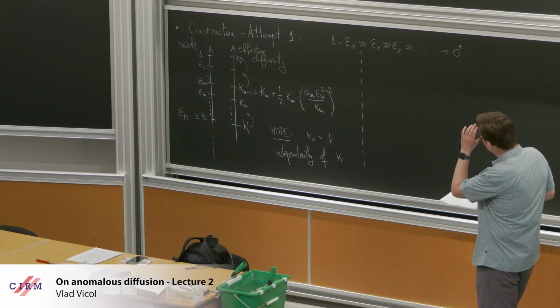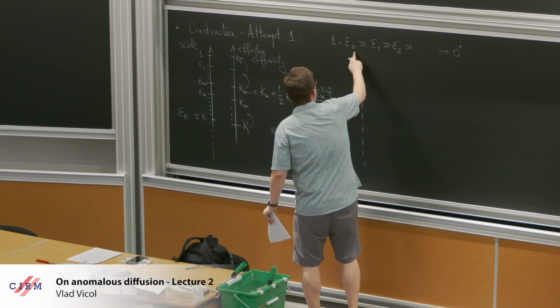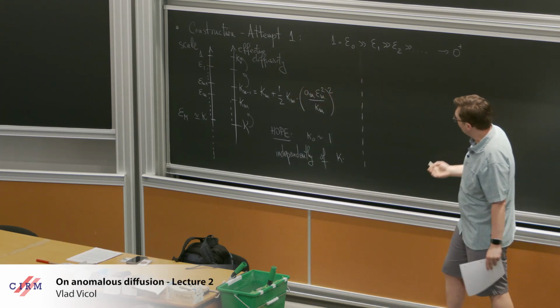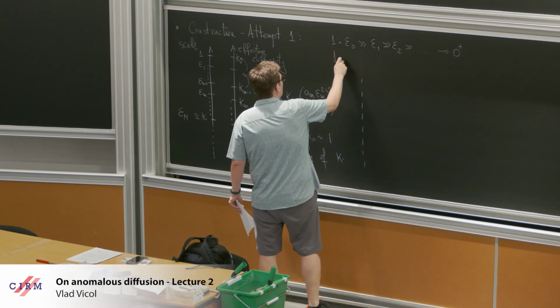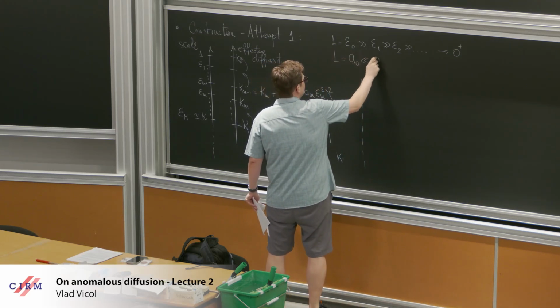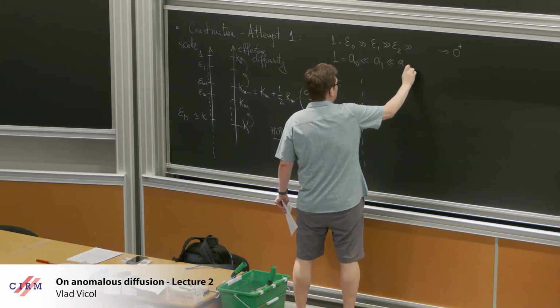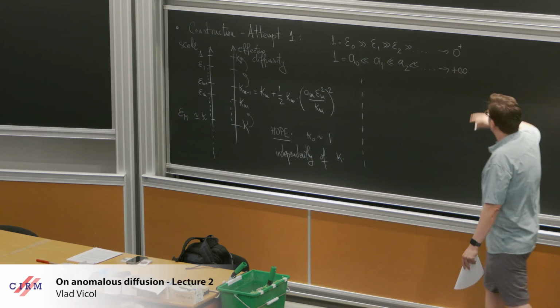Okay, so now let's actually write down a construction. So associated to the sequence of scales that goes to 0, which so far I have not chosen, let's associate a sequence of Lipschitz norms. So 1 is A0. And why are we doing that?